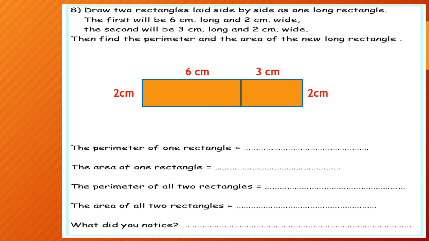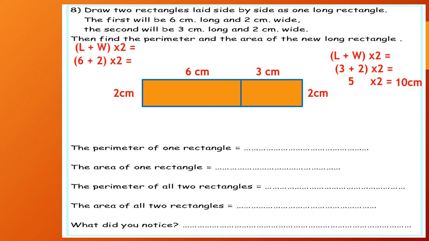I will get the perimeter of each rectangle. The first rectangle, length plus width, times 2, 3 plus 2 equals 5, by 2 equals 10 centimeters. And the perimeter of the second rectangle, 6 plus 2, times 2, 8 by 2 equals 16 meters.